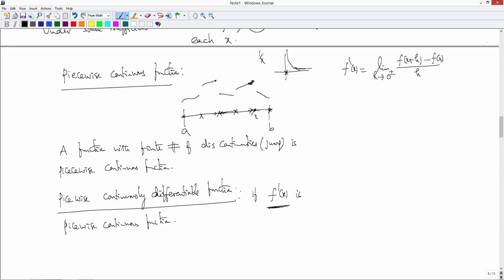So, f dash of x is defined everywhere, that is, f is differentiable at all those points. First of all, it should be defined; it is differentiable at every point. So, f is differentiable, and if you look at the derivative of f, that is f dash of x, and it is a piecewise continuous function, then f is a piecewise differentiable function.